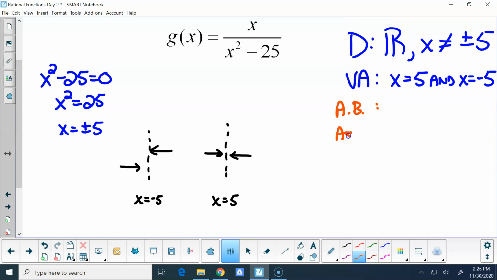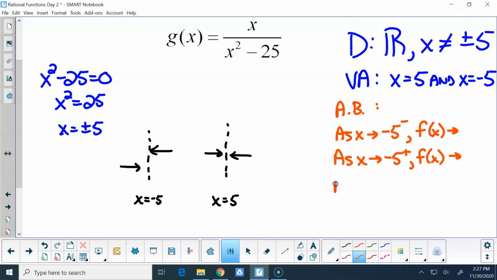So as x is approaching negative 5 from the left, what's my function going to do? As x approaches negative 5 from the right, what's my function going to do?